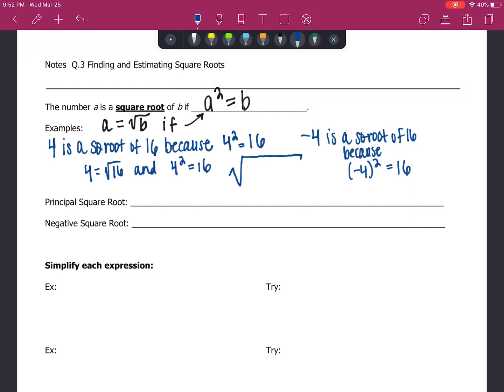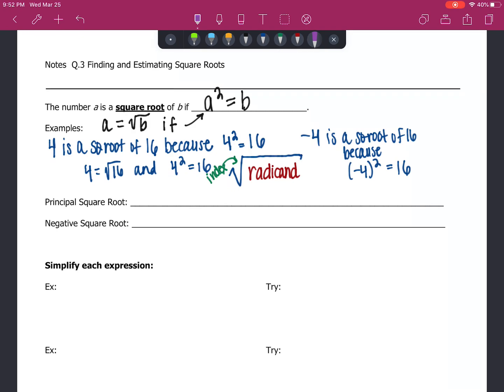And I'm going to use a few words here. I'm going to use the word index, and I'm going to use the word radicand. We've already talked about these words in previous lessons, so hopefully you're just recalling this.